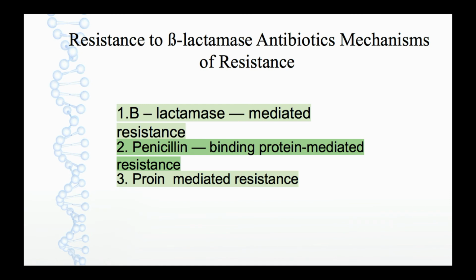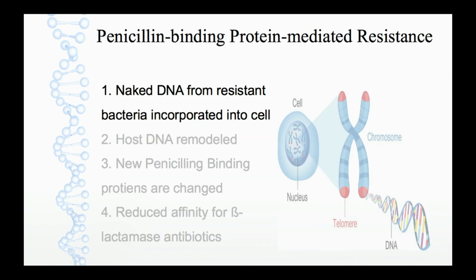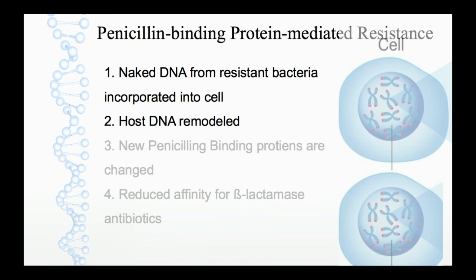The other way that we develop resistance to the beta-lactam antibiotics is through penicillin-binding protein-mediated resistance mechanisms. So, this is actually a lot simpler than it sounds. Basically, we have a penicillin-binding protein that is resistant to the effects of the beta-lactam. Now how does that work? If you look here, we have a picture of naked DNA from the resistant bacteria. That naked DNA actually gets incorporated into the cell. The host DNA is now changed.